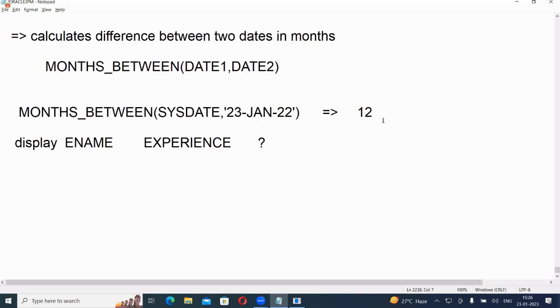I want to show the experience in months. We already wrote the query, but in that query, we calculated the experience in years. But I want to show the experience in months.